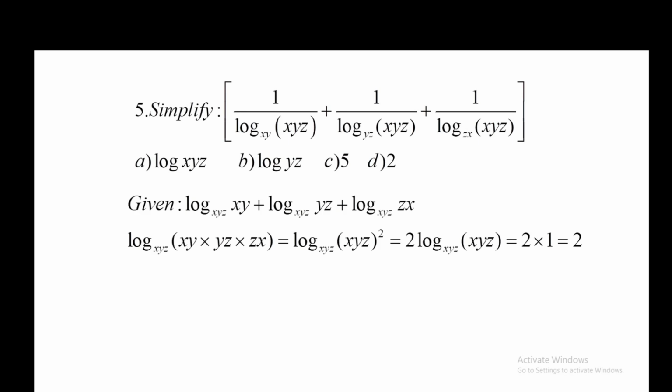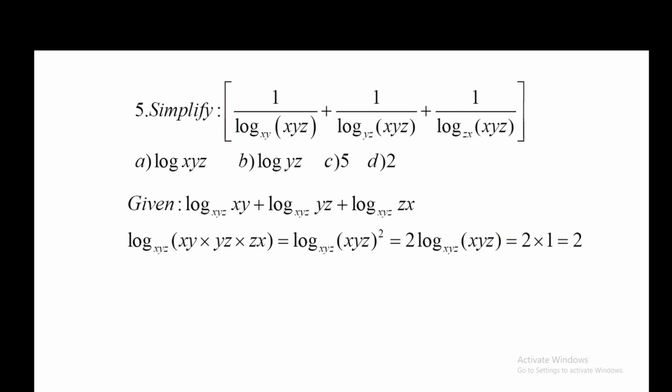Now we will see that log of xyz base as x, y, z. By the base changing formula, we are using log of x, y, z as base in all the three terms. After that we are applying log m n p. So base as x, y, z, x, y into y, z into z x.